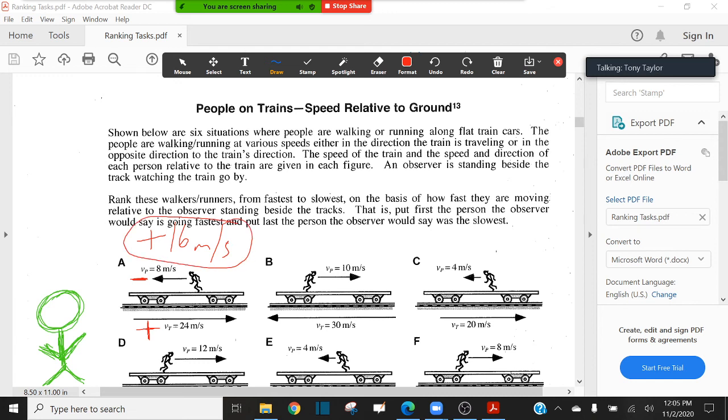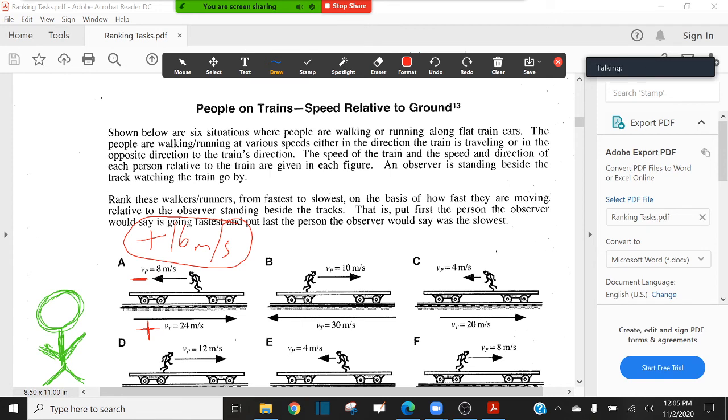That means this person on the train is moving at 16 meters per second from the point of view of the observer in green. And they're moving toward the east because the sign tells you your direction of travel.